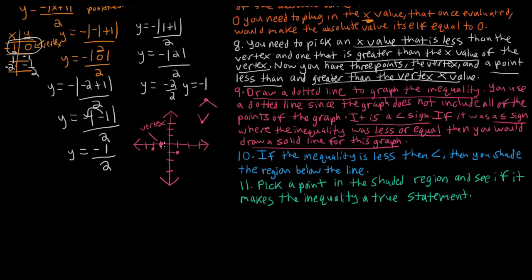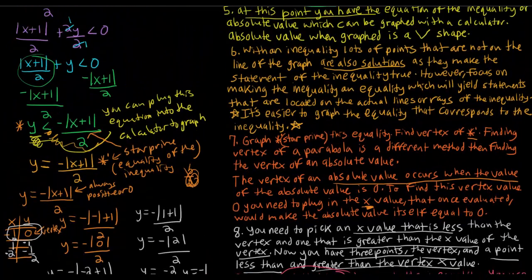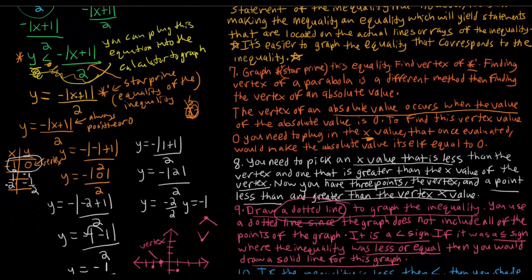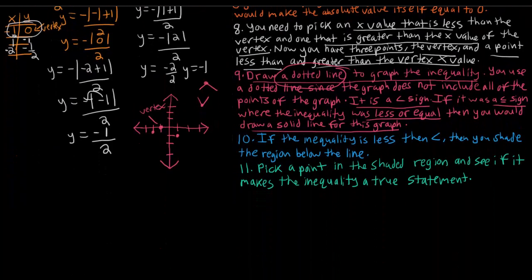And then we need to remember it says draw a dotted line to graph, because if we remember in the beginning, our equation is an inequality and it's a less than sign. So since we have a less than sign, like it says here, we need to use the dotted line.